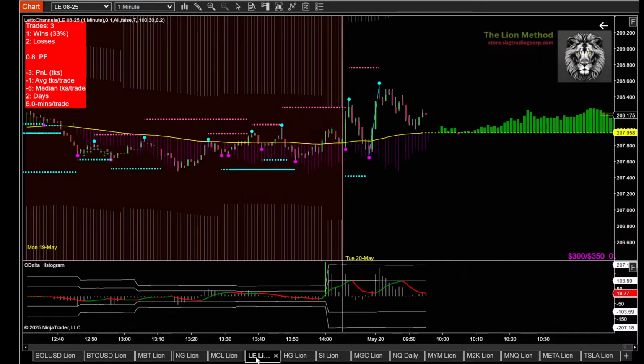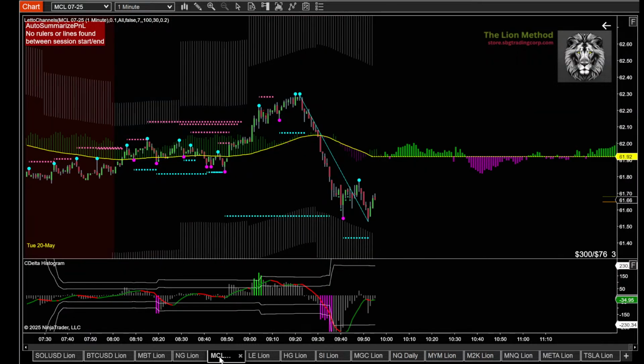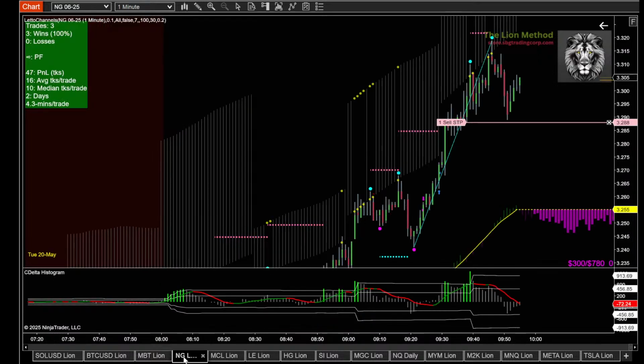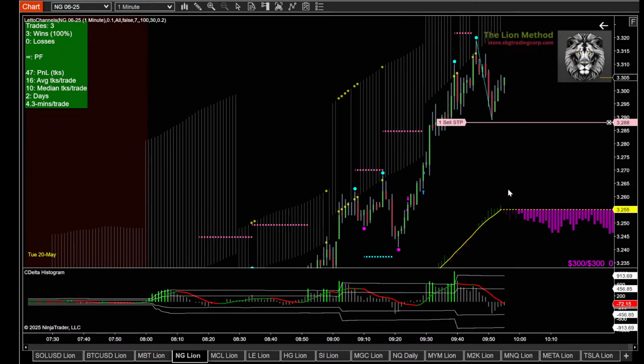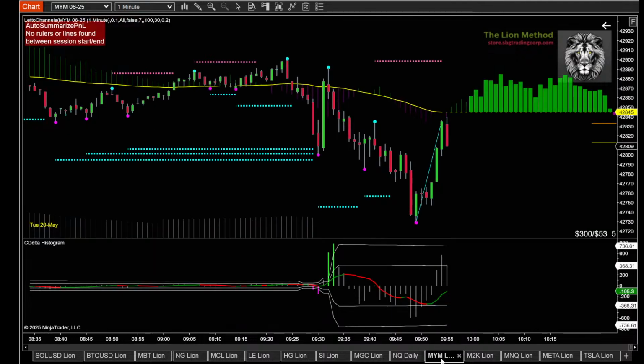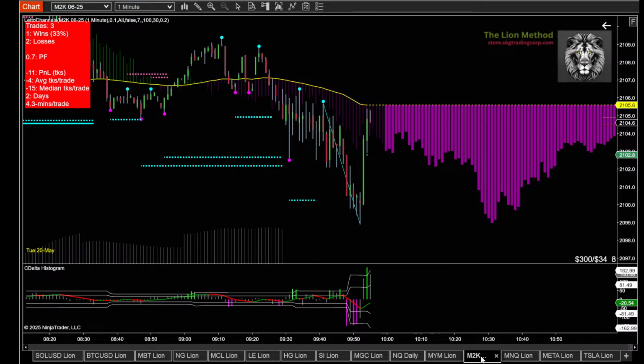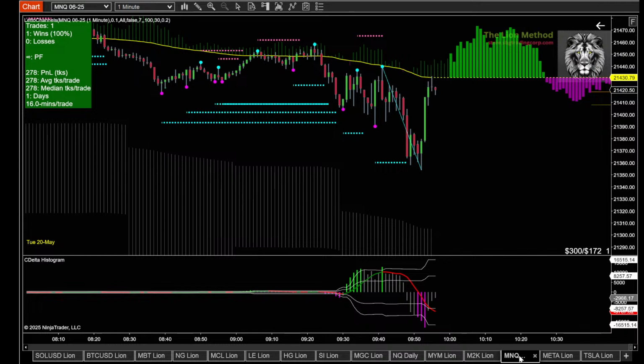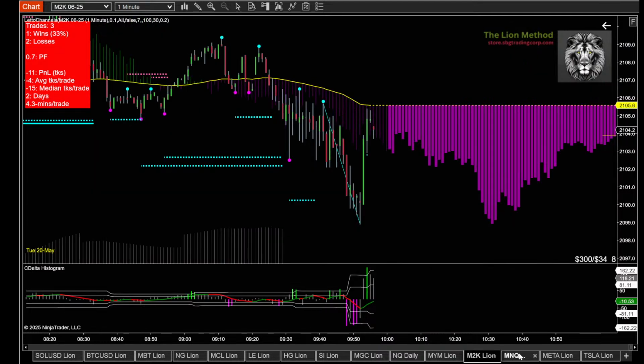All right, where are we at with lean cattle? Live cattle, live cattle. Almost oversold in crude. Gas is still up here, hasn't come down to our short entry price. The Russell, micro NASDAQ, there's the Russell.